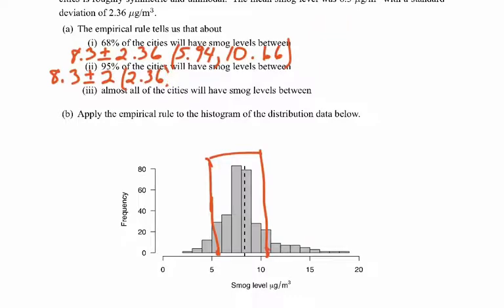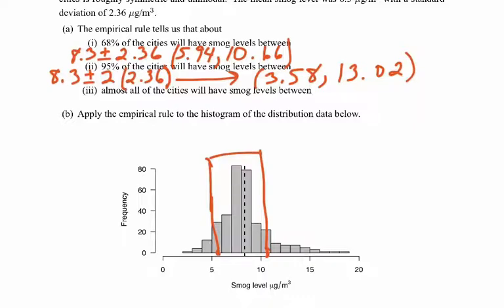So what we can do is take those numbers from part Roman numeral I and just add and subtract one more standard deviation. In other words, 5.94 minus 2.36 would put us at 3.58, and then 10.66 plus another standard deviation of 2.36 puts us at 13.02.